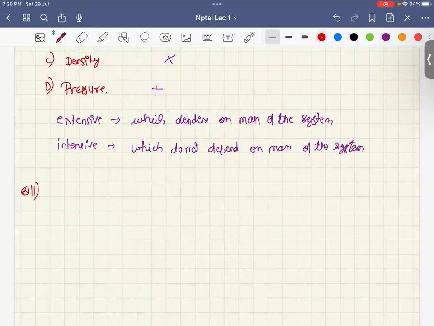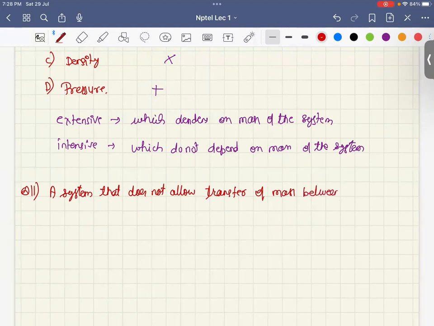Question 11. A system that does not allow transfer of mass between system and surroundings is known as: option A, isolated system.